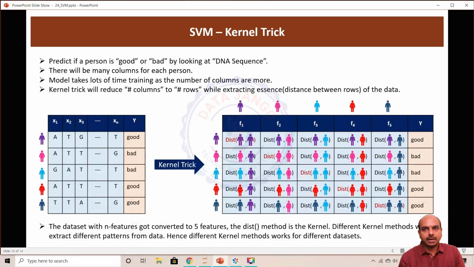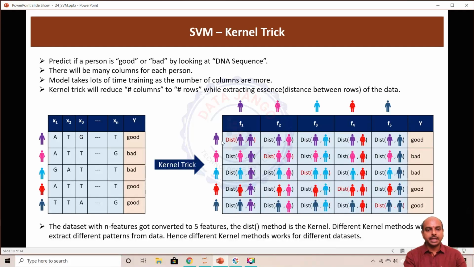Right? What is the advantage here? The kernel trick takes each record as a landmark and tries to measure the distance between each record and all the other records. From the first record to the first record, the distance is measured. The first record to the second record, the first record to the third record, like that. We take the distances and put them as values in the dataset.